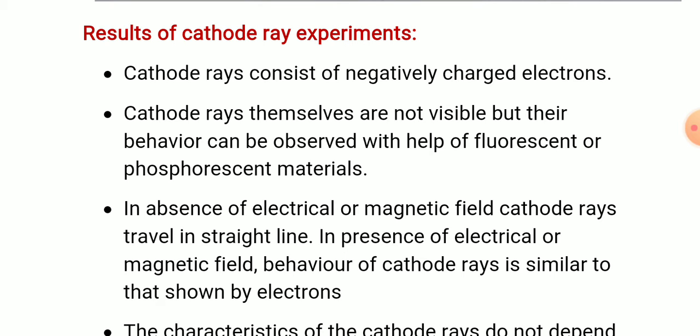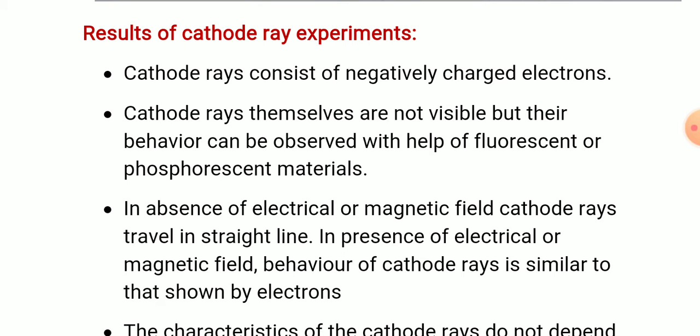Third point, in the absence of an electrical or magnetic field, cathode rays travel in a straight line. But in the presence of an electrical or magnetic field, the behavior of cathode rays is similar to that shown by electrons. Actually, the cathode rays were attracted towards the positively charged electric field.